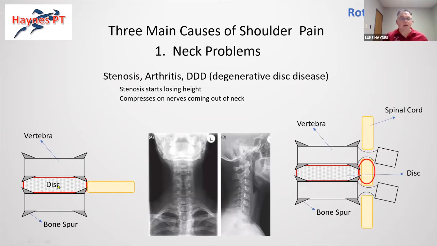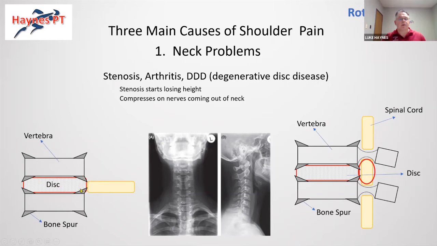On the left side of your screen, I've got a little diagram, and this is looking directly forward onto a person. So the X-ray right next to it in the middle left, the person is looking directly at us. And so we look at the disc with stenosis or arthritis. This disc starts to compress down. It loses some height. And when that happens, we tend to also see, especially with age, these little gray things.